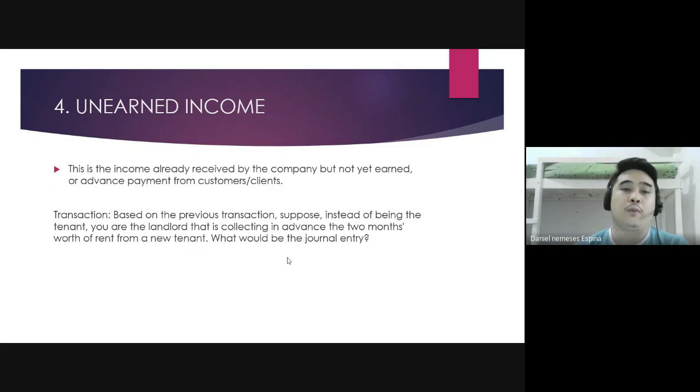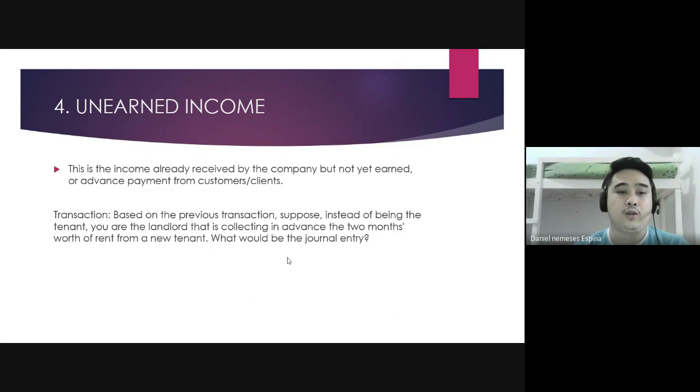Wala pa nimo gihatag ang goods nga ilang gipalit, or wala pa nimo na provide ang service nga imong dapat i-provide. So based on the matching principle, we cannot yet recognize an income. We can only recognize income if we have already delivered the goods or provided the services to them.